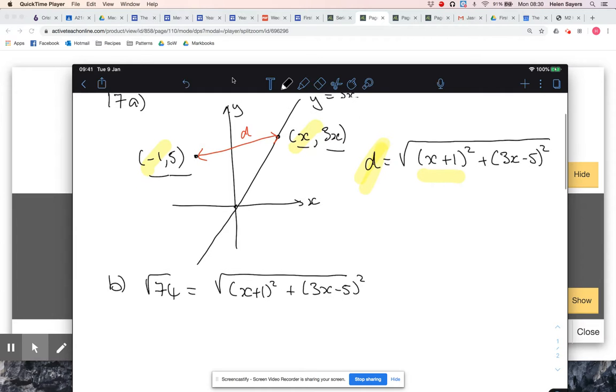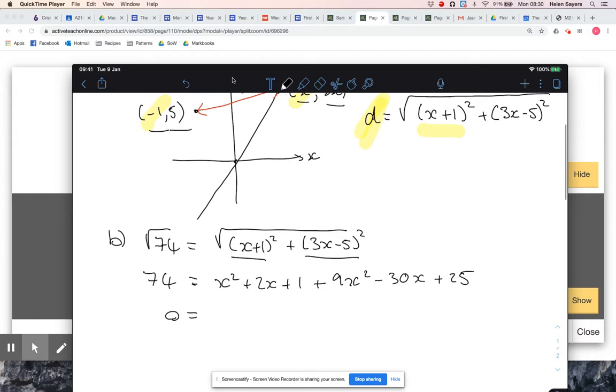Okay, so first thing to do, I think, is just lose the square root, so square each side. And at the same time, I'll also square out those brackets. So this set of brackets will become x squared plus 2x plus 1. And this set of brackets will be 9x squared minus 30x plus 25. So that's the quadratic, so let's make it all equal to 0.